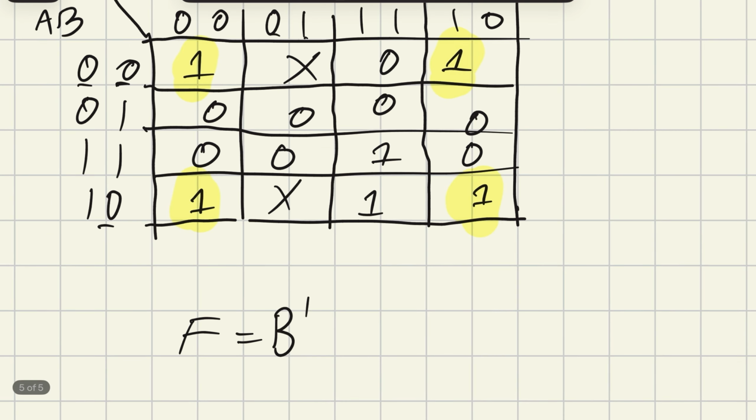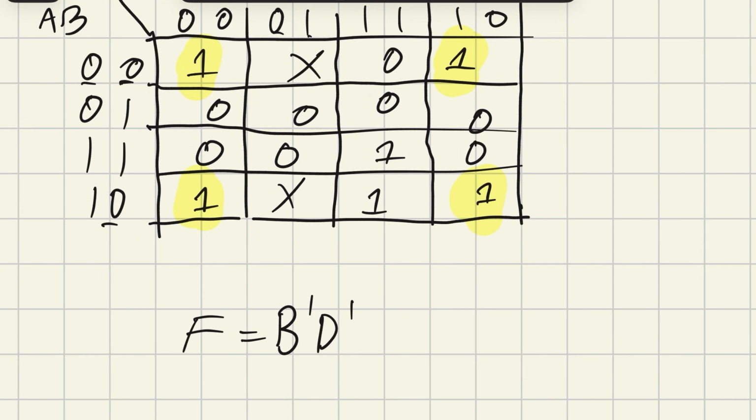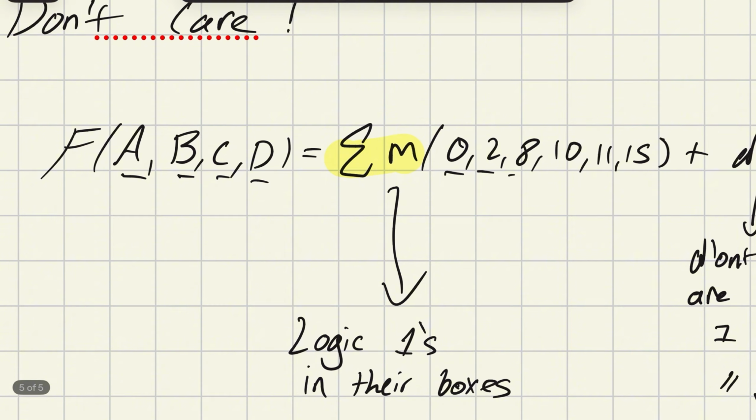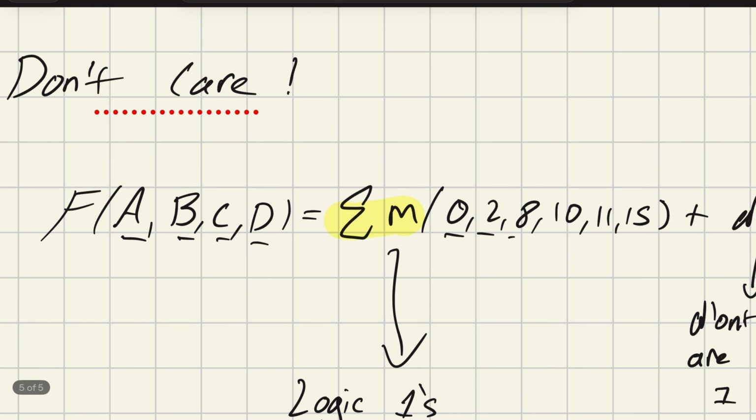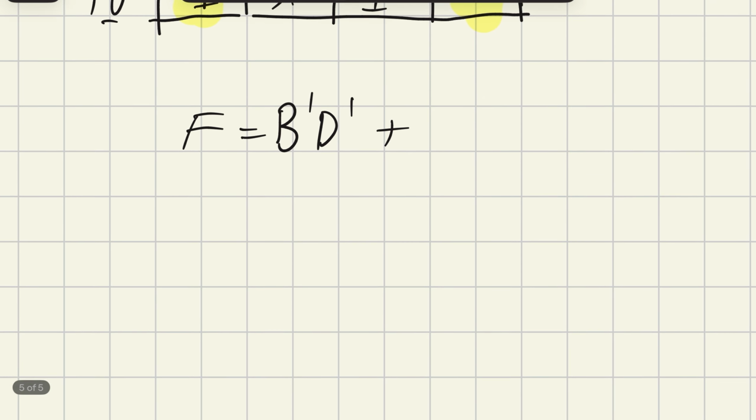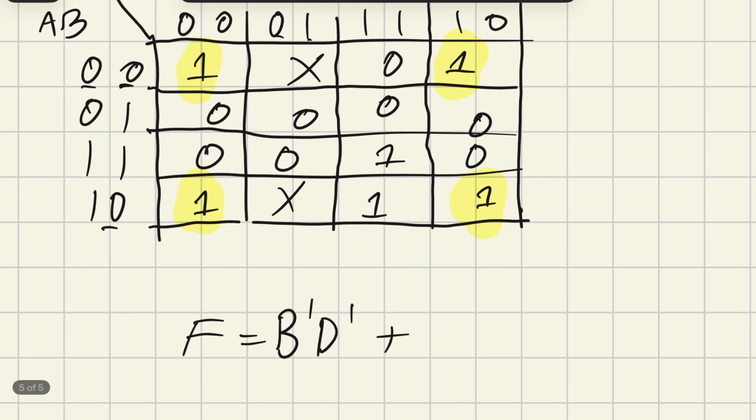But D is also staying 0, so we can put a D not. Now we know that we've done grouping one group of ones. We can put a plus sign because we're back to doing sum of products given by this hint, sum of minterms. Our next grouping would be these 2 ones over here.